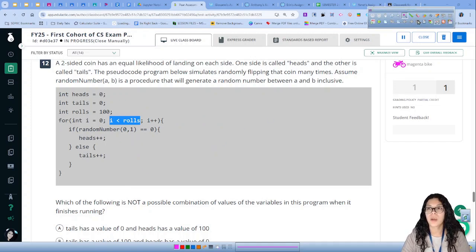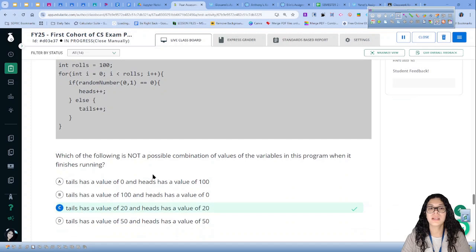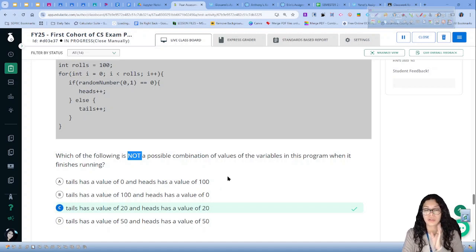Now, the question is asking about what is not possible based on the program. Now remember, we're flipping this coin 100 times. So it's probably not going to happen that all 100 times I got heads, but it is possible.